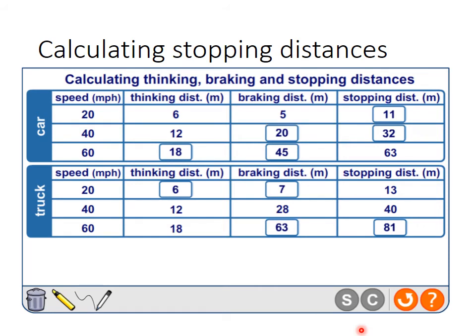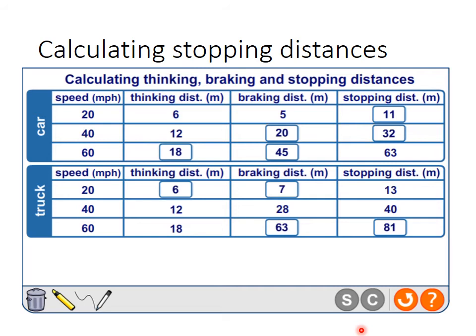Okay, so here are the answers for you. So we can see a clear relationship with our thinking distance here, so hopefully you picked up the fact that we've got that increase of 6 each time, so that allows you to put those numbers in.